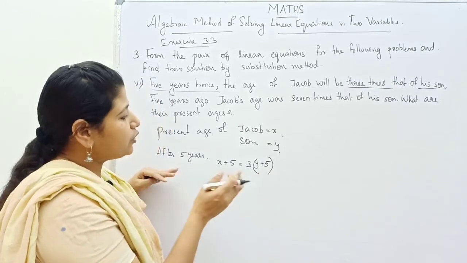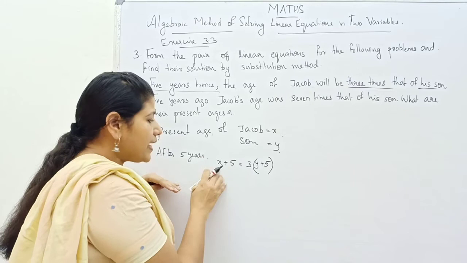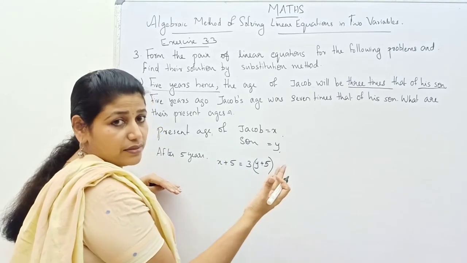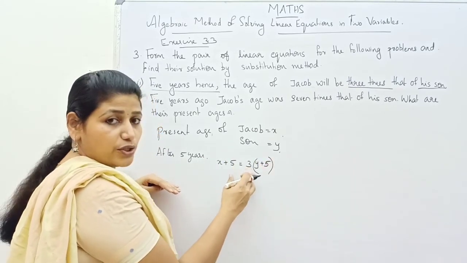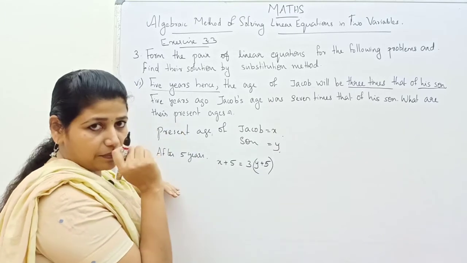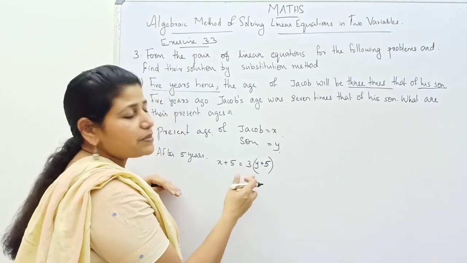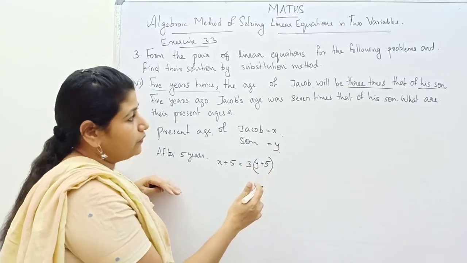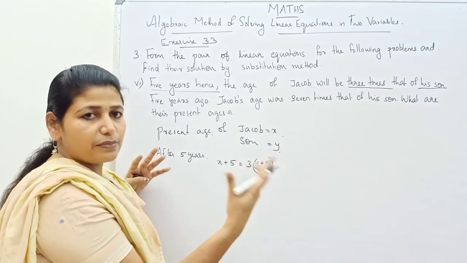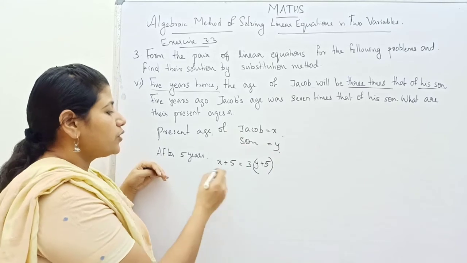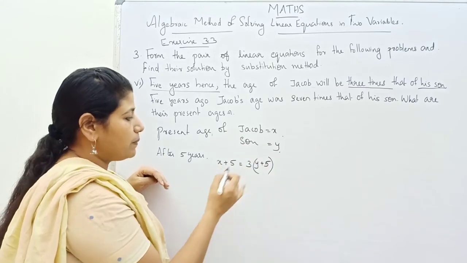And the relation between these two is his age will be 3 times the age of the son at that time. At that time the son's age is y plus 5, and 3 times means 3 into y plus 5. 3 times means 3 into, 2 times means 2 into that number. So you can write x plus 5 equal to 3 into y plus 5.